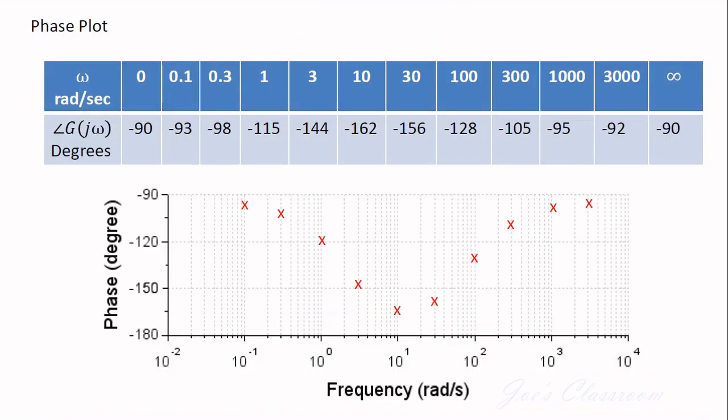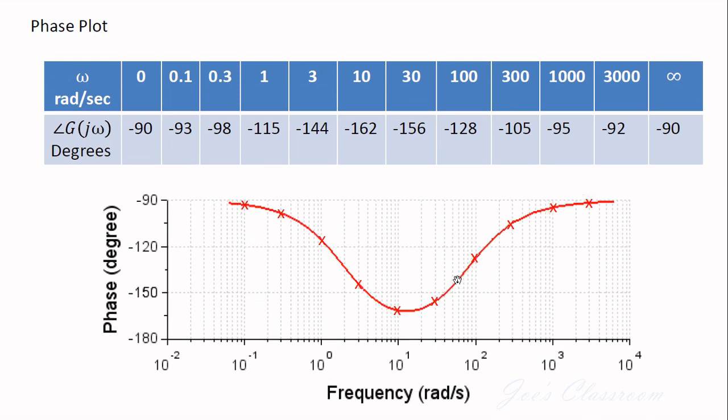Once I make this table ready, I can take an appropriate scale in the y-axis and mark these points. Once I mark these points, I can connect them by a smooth curve, and this gives me the phase plot. Usually you can sketch an asymptotic phase plot also, but we don't do that.